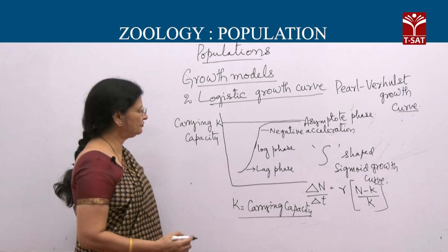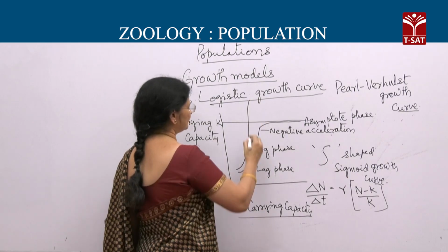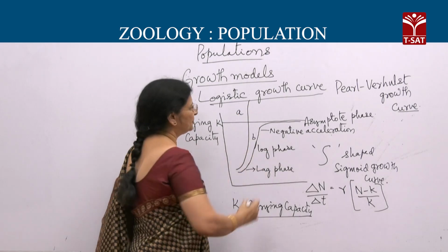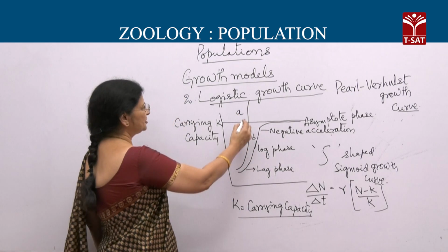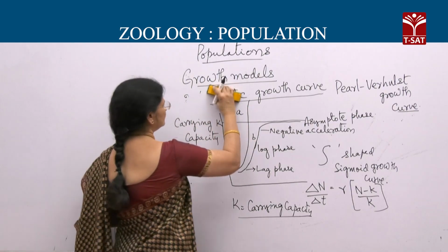logistic growth curve. If you represent both the growth curves, it appears like this. This is curve A, this is curve B. Curve A is J-shaped. It is the exponential growth curve.